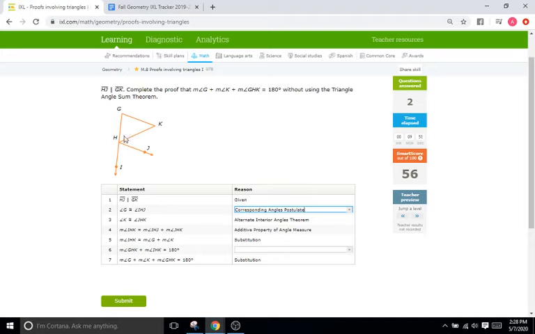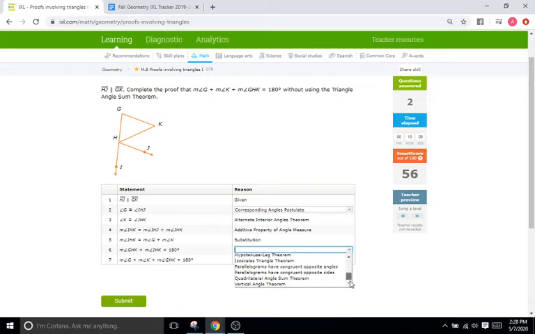But it's just saying this angle right here plus this very large angle equals 180. Same deal. Either way, it is the linear pair of angles. So let's see if that is a solution here. Angles forming a linear pair sum to 180. That's going to be it. Okay, submit.